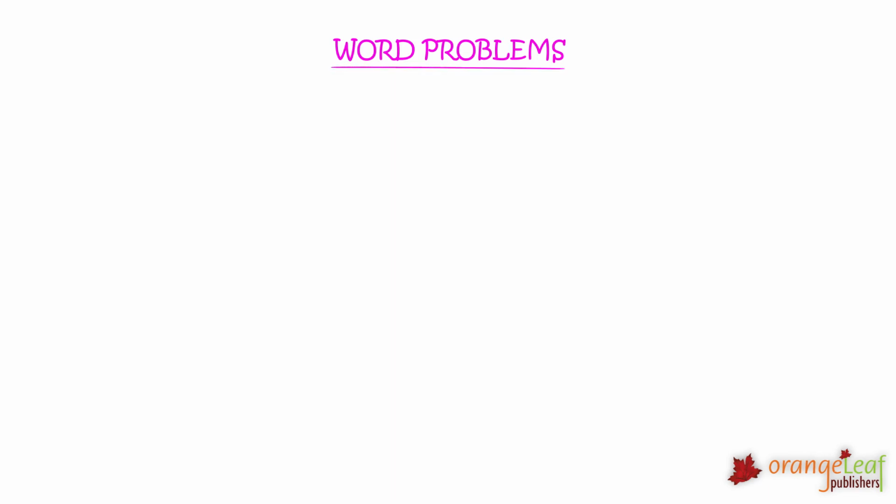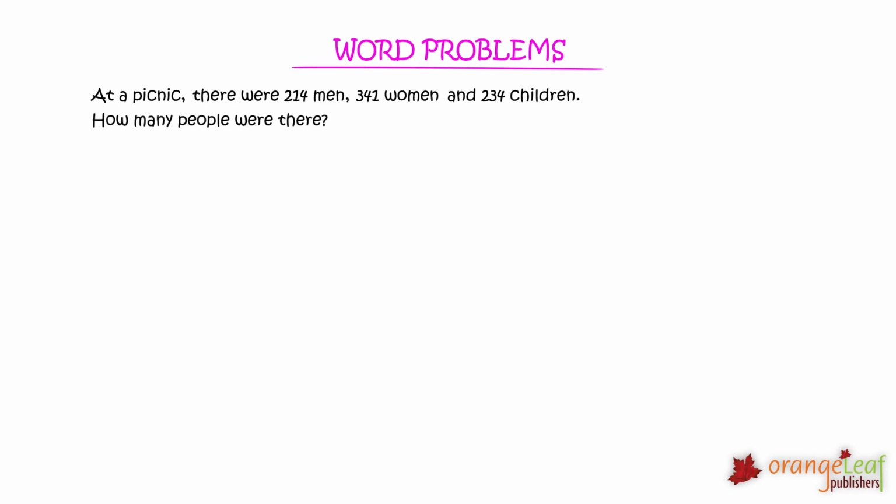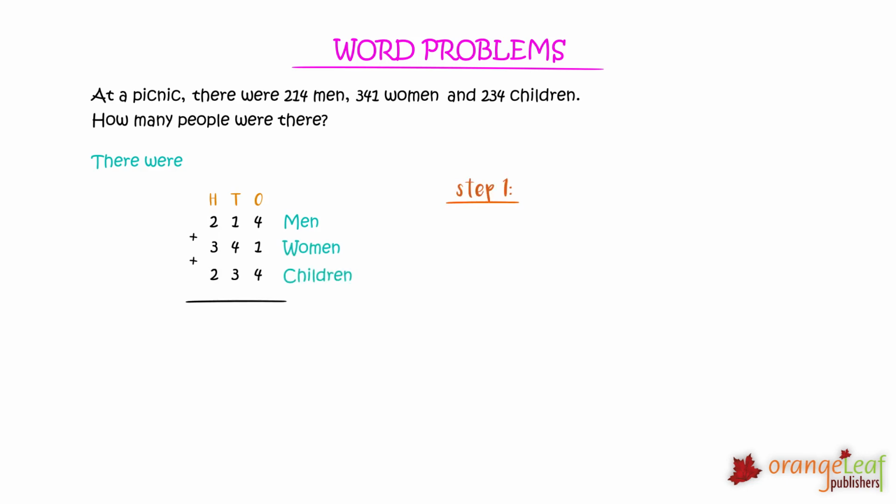Word problems. At a picnic, there were 214 men, 341 women, and 234 children. How many people were there? There were 214 men plus 341 women plus 234 children. Step 1. Add the ones. 4 plus 1 plus 4 is equal to 9.